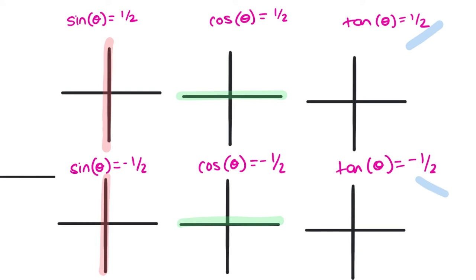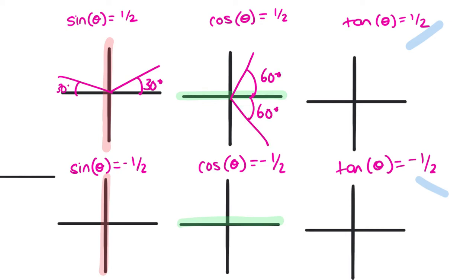So, this is how it's going to look. We know that sine of a half, we get 30 degrees. This is 30 degrees. We reflect here, 30 degrees. We know cos of a half is 60 degrees. So with cos, I'm going to reflect here, 60, and then here, 60.